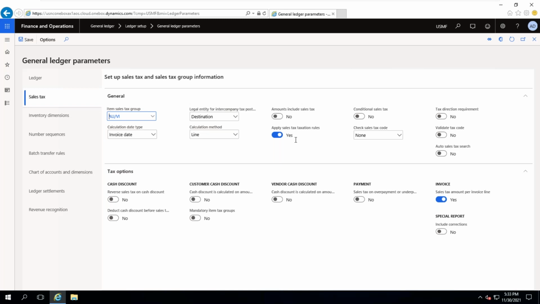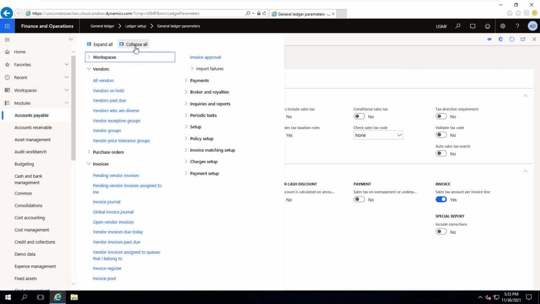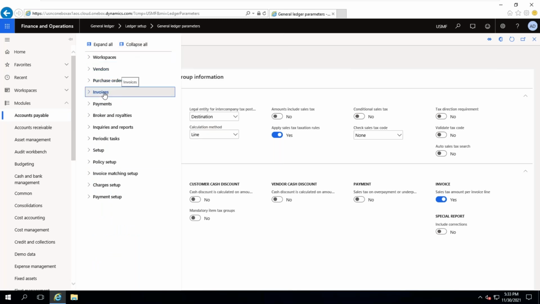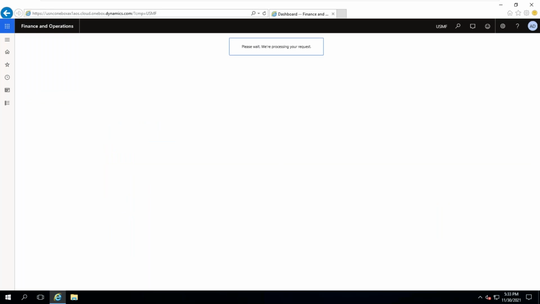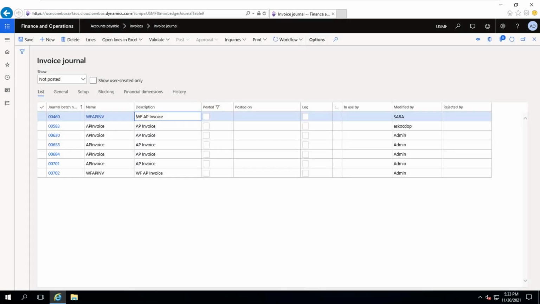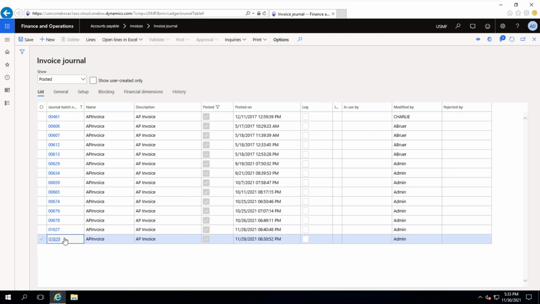Yesterday we saw, let me go to one invoice journal, whatever we did. Accounts payable, invoices, invoice journal. Let me go to posted transactions, otherwise we'll create one quickly.